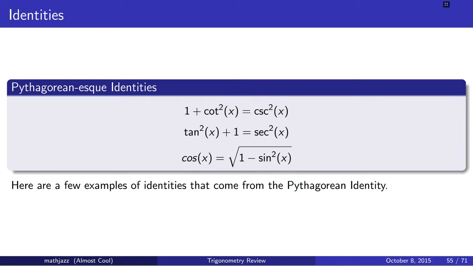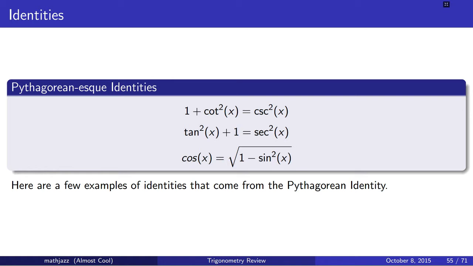Now, as I said, there are many trigonometric identities, and they mostly come down to rewriting the three we're going to learn, or combining them in various ways. Here I give what I'm going to call Pythagorean-esque identities. These are identities that come purely from the Pythagorean identity. We're just rewriting it.